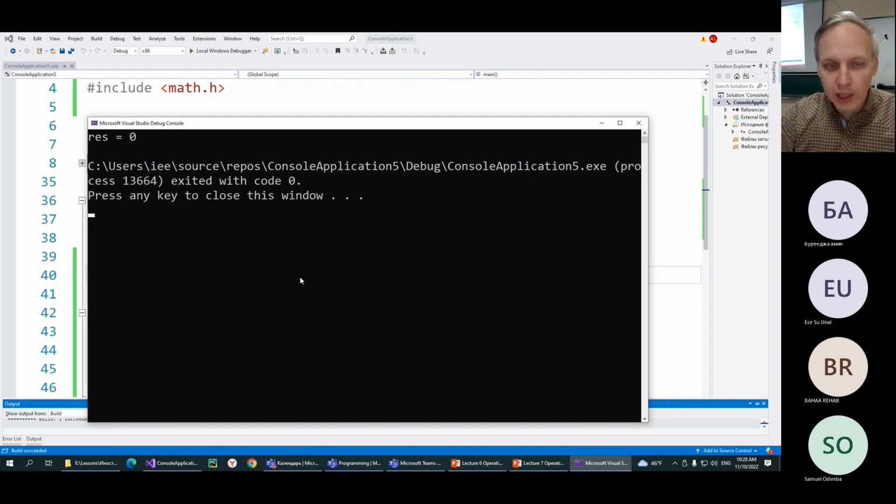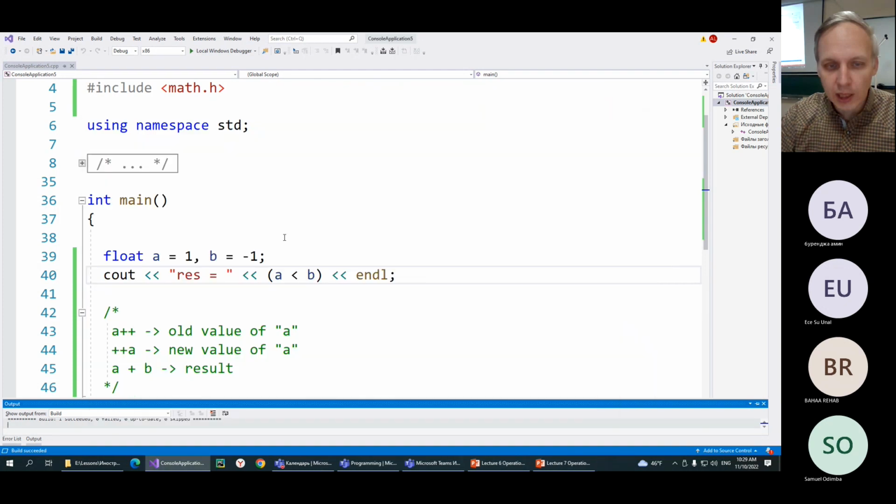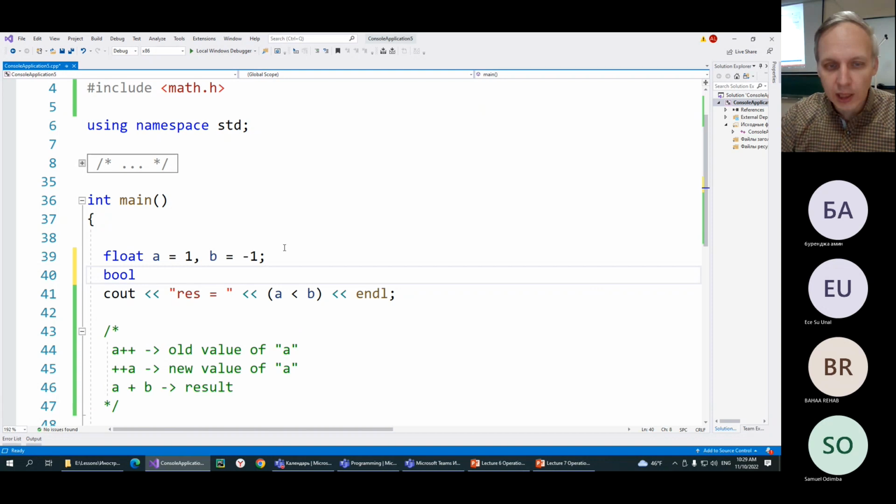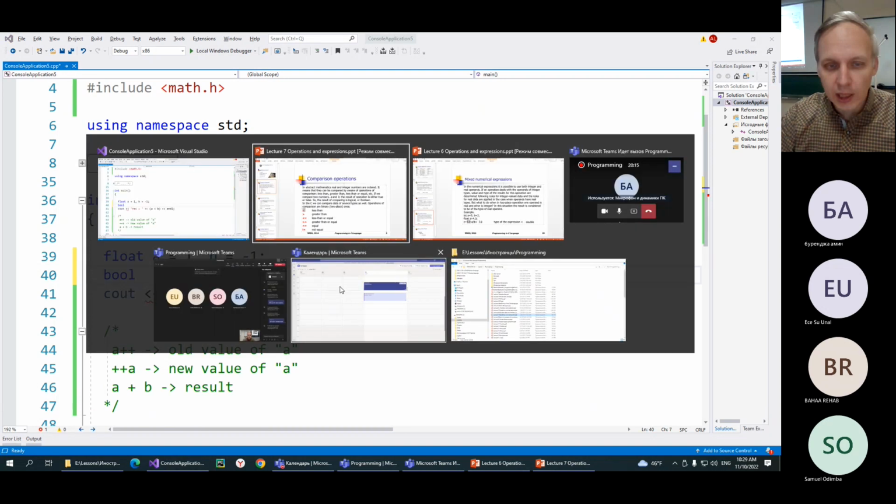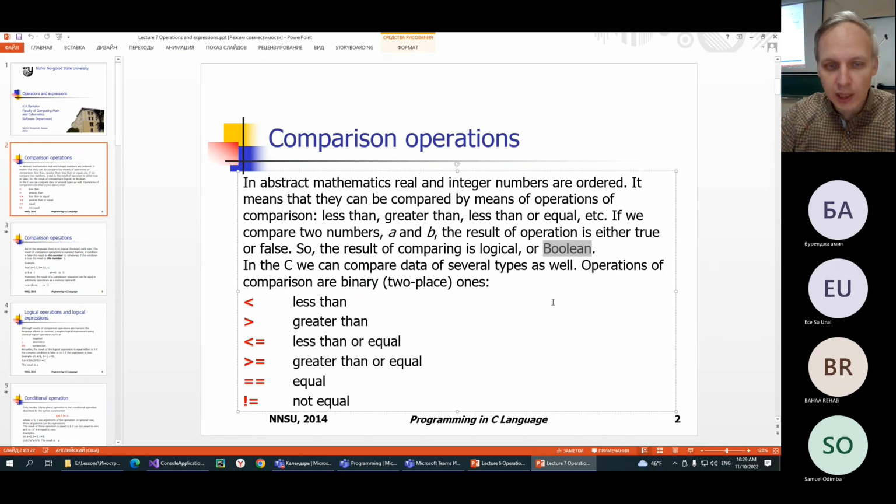For logical values in C++, there is a special data type that's called Boolean, bool. Why do we use bool or Boolean? We use this notation in honor of the English mathematician George Boole, who suggested so-called Boolean algebra, the algebra that operates only with true and false, with zeros and ones.